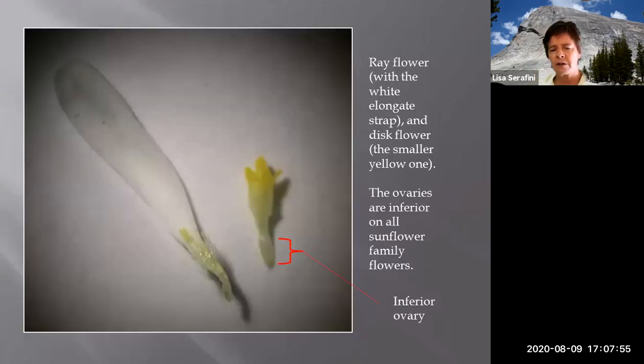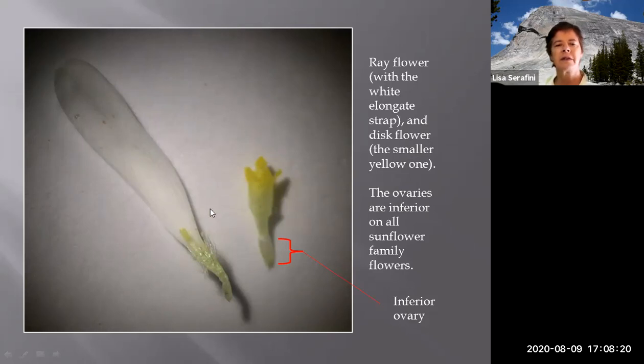So, very fuzzy picture, I apologize for that. But this is a ray flower, and this is a disc flower. You can see the disc flower has radial symmetry, whereas we have bilateral symmetry in the ray flower with this long strap. We do have an inferior ovary in both of these, and there are stamens inside of the disc flower.